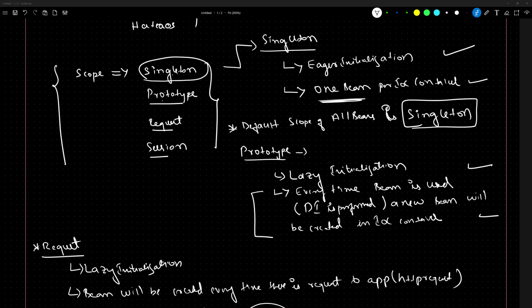And if you have a plan of making multiple requests from the same user for updates, deletes or something, then go with the session, wherein the first time they make a request to the application, a bean will be created in the IOC container and the same bean will be used throughout all the requests the same user or same client is making to your application.